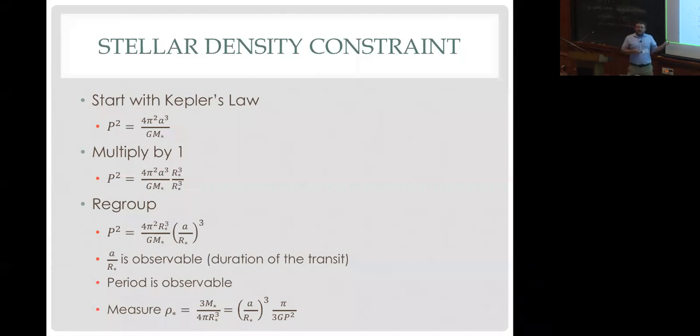So you know the Gaia radius, you probably have a spectrum, or some other source of the mass from which you can calculate a stellar density. And you can compare the density that you infer from the transit and the density that you know from the star. And if those are very discrepant, that might be indicative of a false positive. So that might be another scenario where you could do some false positive vetting and say, maybe this isn't so real. So that's another big advantage of being able to model the star and the system as a whole self-consistent physical system.